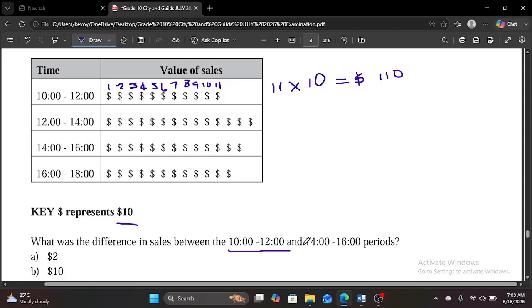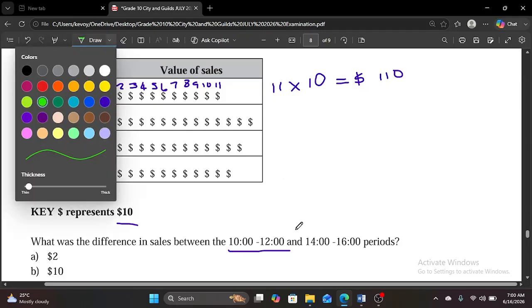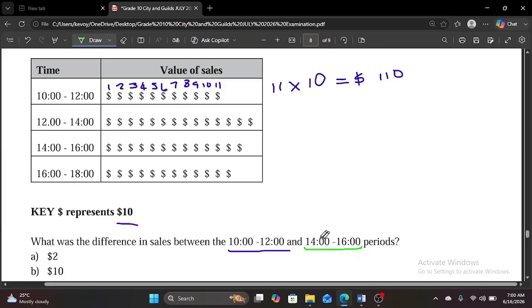So the sales now for this time right here, let's count: 1, 2, 3, 4, 5, 6, 7, 8, 9, 10, 11, 12, 13.